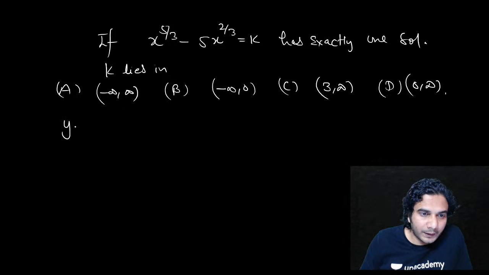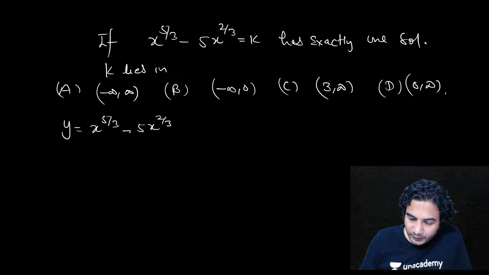So basically you need to draw the graph of this. Y is equal to x raised to 5 by 3 minus 5x raised to 2 by 3, right? Are you doing it?